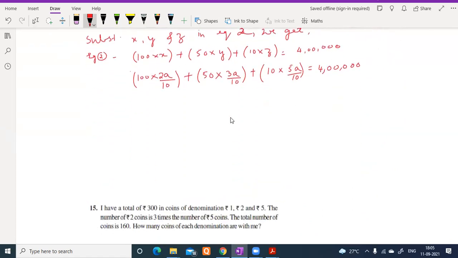Okay, so let's solve this. Let's first solve whatever is within the brackets as a rule of BODMAS. So this will be 100 into 2, 200A by 10, plus 50 into 3, 150A by 10, plus 50A by 10, is equal to 4 lakh.